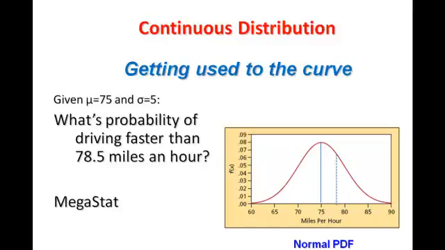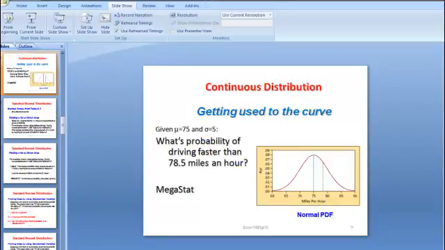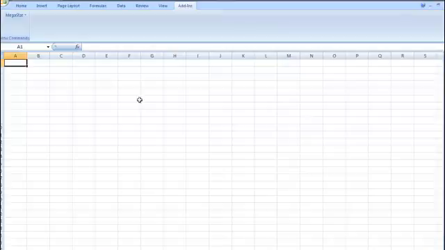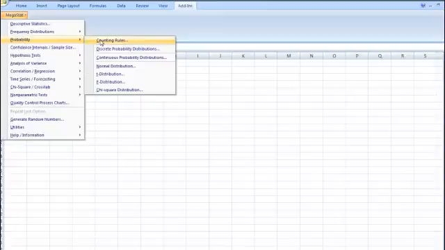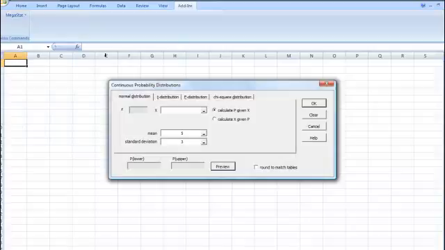So we can go to Megastat and do that. I'm going to go to Add-ins, Megastat, Probability, and scroll down to Continuous Probability Distributions. This is an old one I did, so let me clear it.